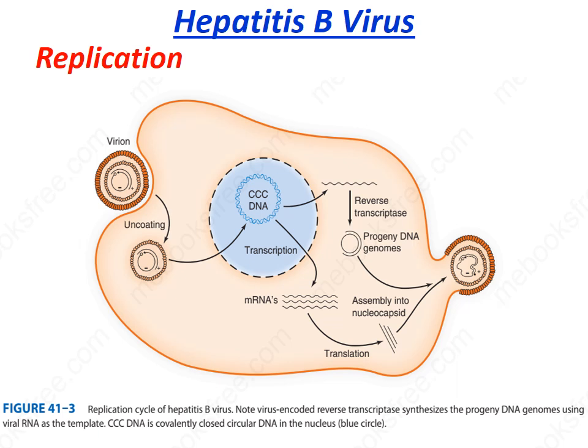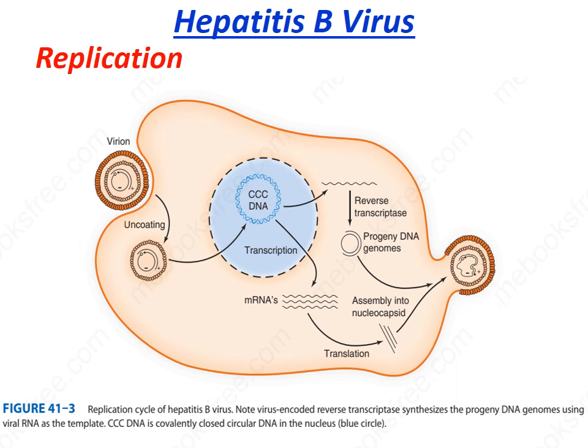After attachment they enter the cell, where they become uncoated, and this uncoated nucleocapsid moves inside the nucleus of the host cell, where the DNA polymerase synthesizes the missing portion of the single DNA strand. This results in the formation of the complete double-stranded DNA genome, which is also known as the covalently closed circular DNA genome.